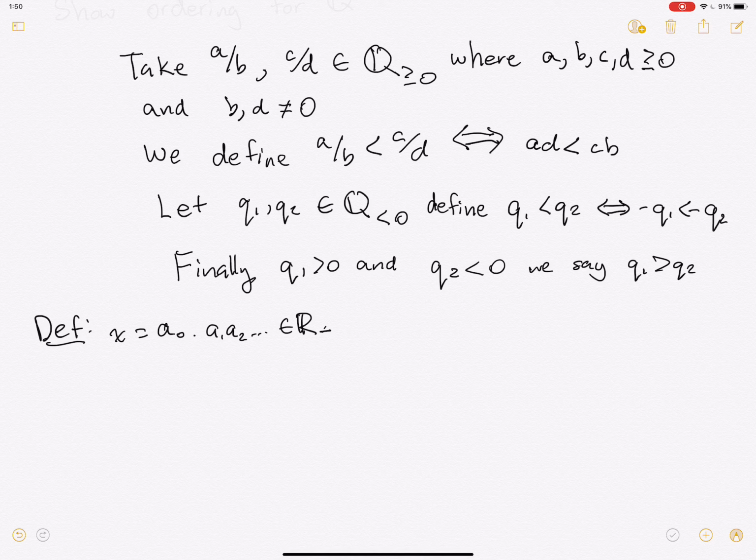Let's look at the non-negative case for now, and let y be another one.